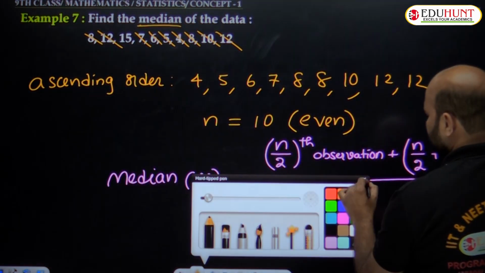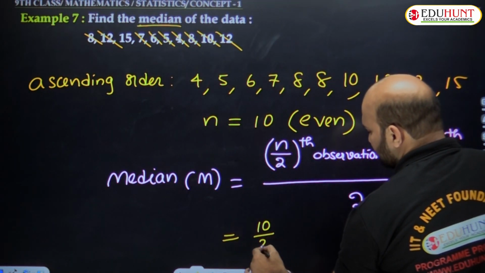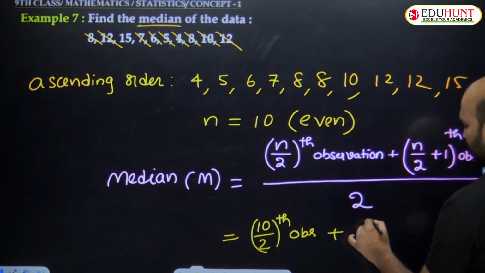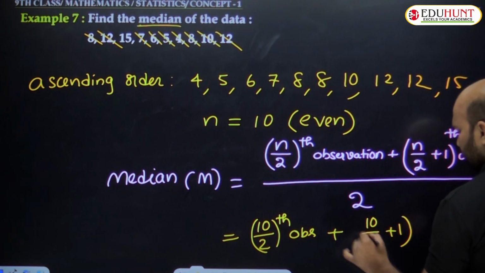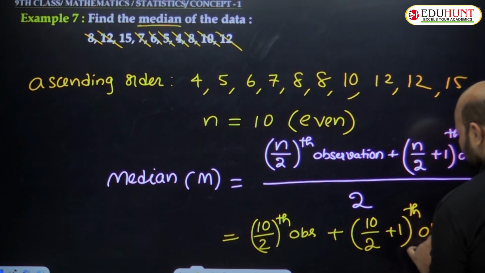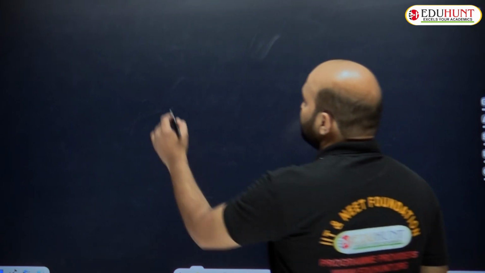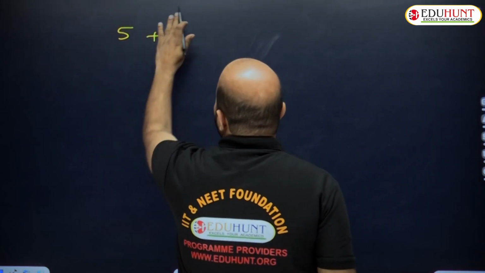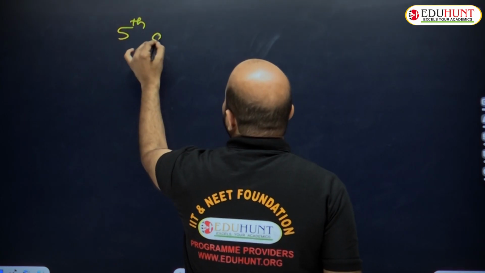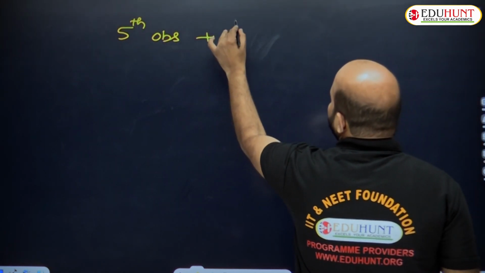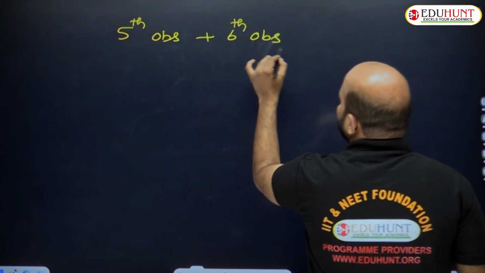So 10 by 2 observation plus 10 by 2 plus 1 observation, whole by 2. So that is the average value. The average of the n by 2 and n by 2 plus 1 observations is called the median in ascending order. So 10 by 2 is 5. So the fifth observation plus the sixth observation, whole by 2.